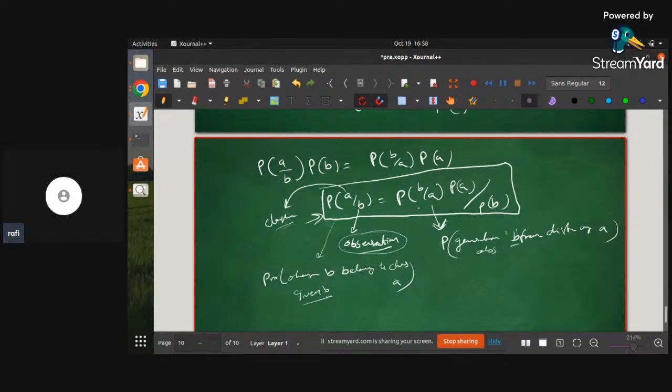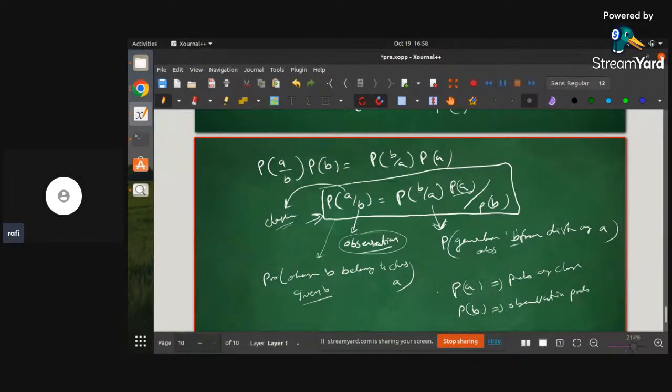On the RHS, P of B given A is defined as the probability of generating B from the distribution A. P of A is the class probability, and P of B is the observation probability. These are not conditionals.